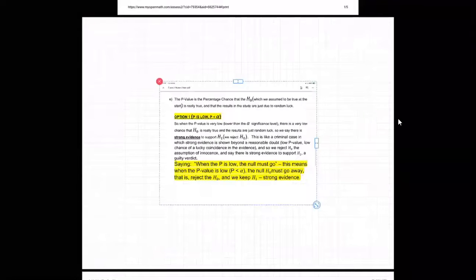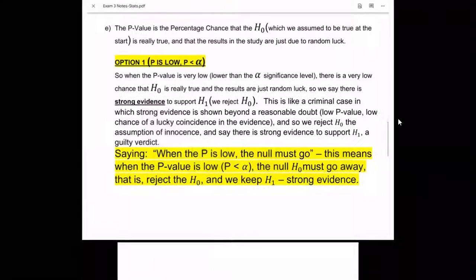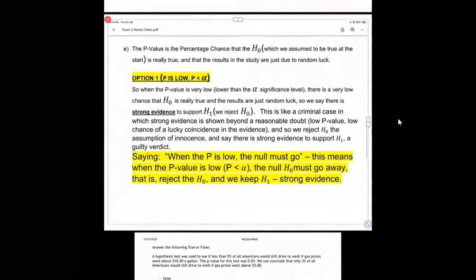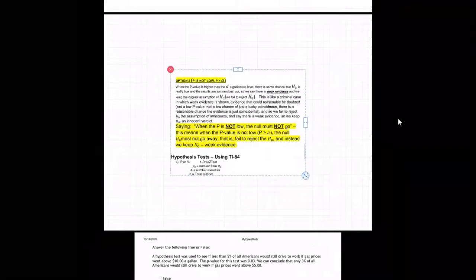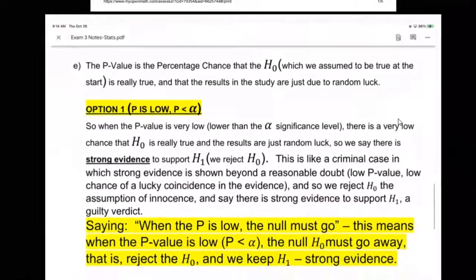Let me try this again. Option 1. And boom, option 2. Beautiful. All right, it's all working now.